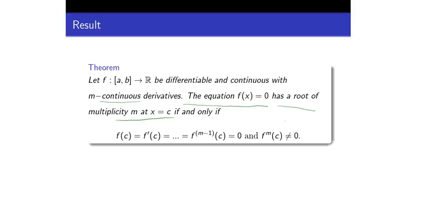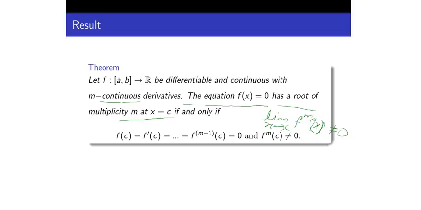So I can replace this limit as x tends to c of the mth derivative of f at x being non-zero by the mth derivative of f at c itself. This is the mth derivative of f, not mod here. So this is how you can also define the multiplicity of a root.